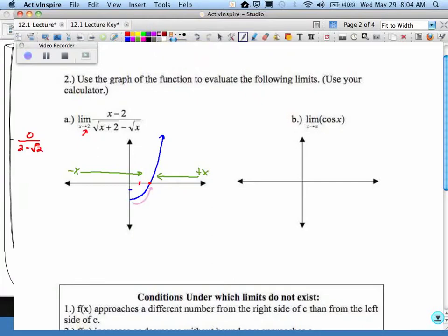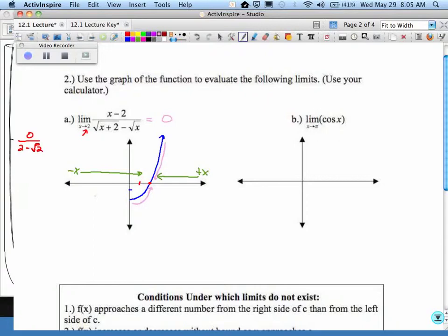As I work my way in from the positive x's, my outputs are up here and coming down. Where are those pink or purple arrows meeting? They're coming together to 0. So you can tell your limits. Even if there was a big hole there, it would come towards that hole, and it would work.